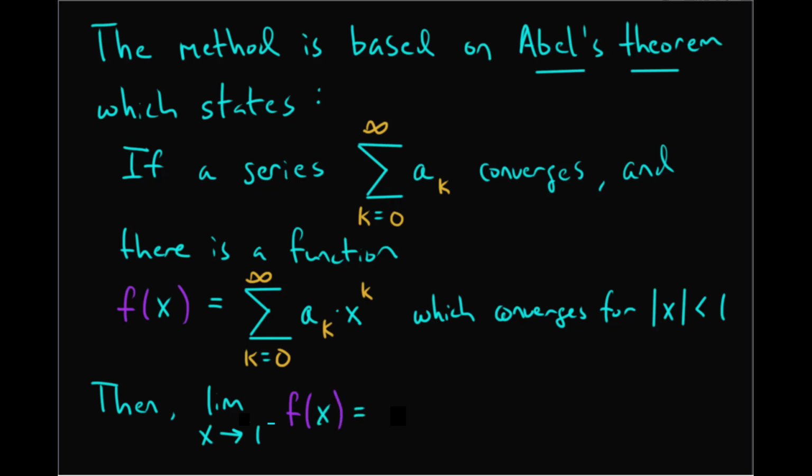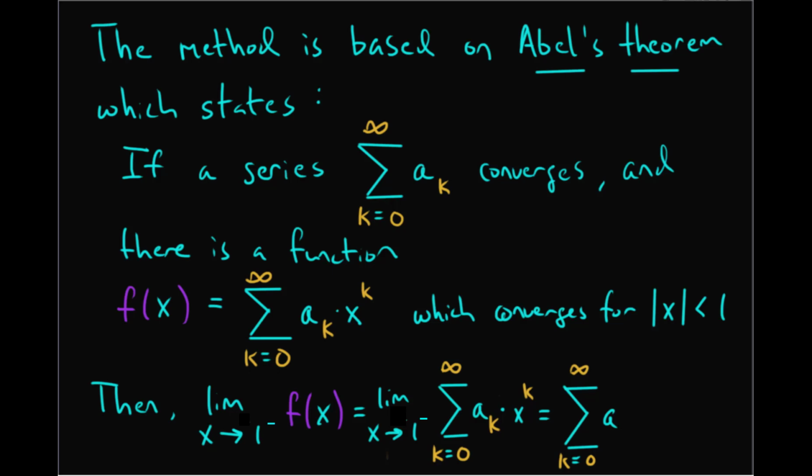This equals the limit as x approaches 1 of the power series with coefficients a sub k, and as x gets closer and closer to 1, the terms x to the k get closer and closer to 1. And so the sum of this power series gets closer and closer to the sum of the convergent series of terms a sub k.